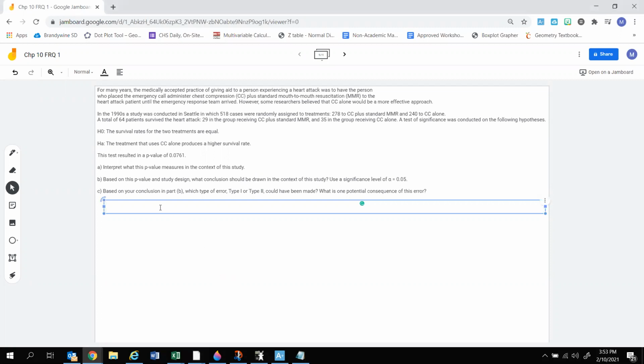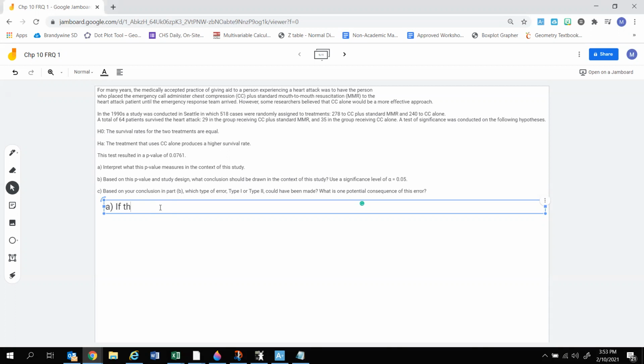So part A is asking, interpret what this p-value measures in the context of the study, okay? So our p-value is 0.0761. Remember, all that our p-value tells us is that if the null hypothesis were true, what are the odds of us getting these results, okay?